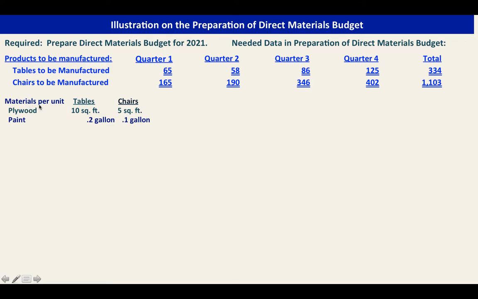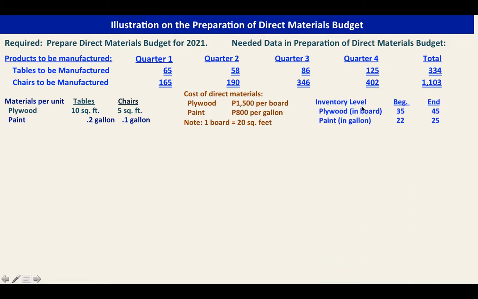The materials per unit for plywood and paint were given, and the cost of direct materials we have also discussed, and the inventory level. These are in our previous slide. So these are the given data.